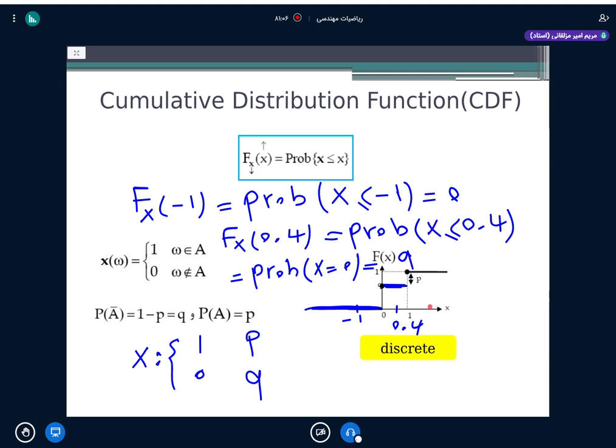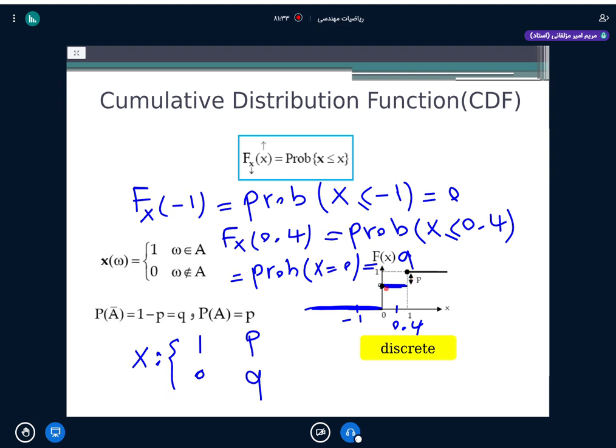Doctor, can you please repeat? Yes. As I said, the CDF function in the interval between 0 and 1 is equal to Q. We want to understand why.